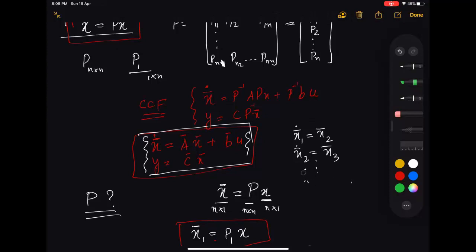So let us write for xn minus 1 bar dot. Xn minus 1 bar dot would be equal to xn bar, but the last one, xn bar dot, would be a linear combination of all the states starting from x1.